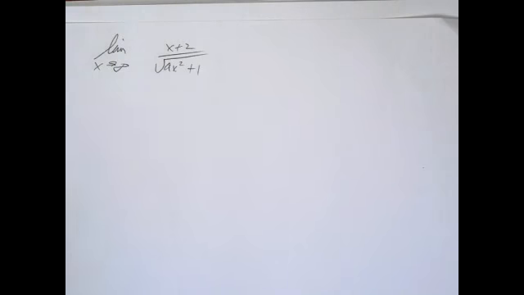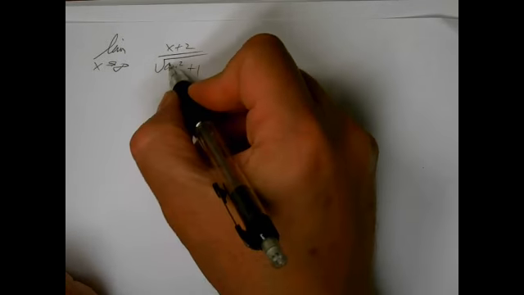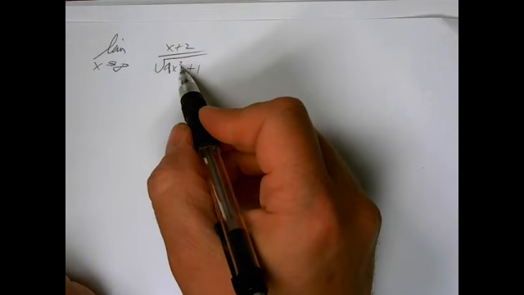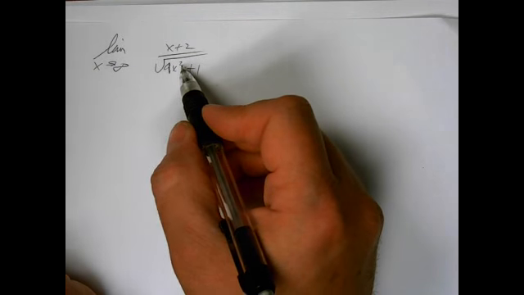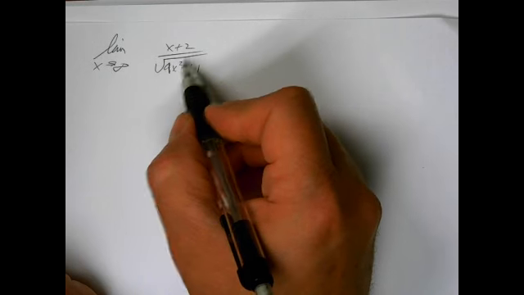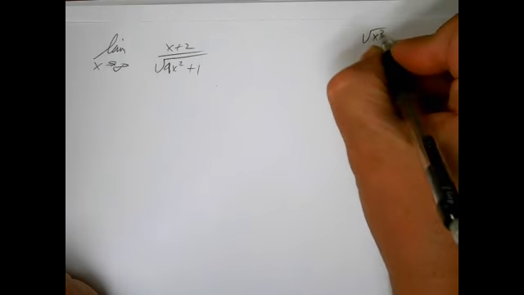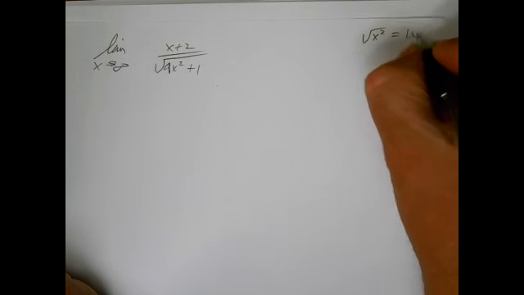And again, our technique, our little trick, has been to divide by the highest power of x. You may look at this and think, well, the highest power of x is going to be the second power, I have an x squared here. No, you really don't. You have the square root of x squared, and the square root of x squared is basically the absolute value of x. So the actual power is just a first power.